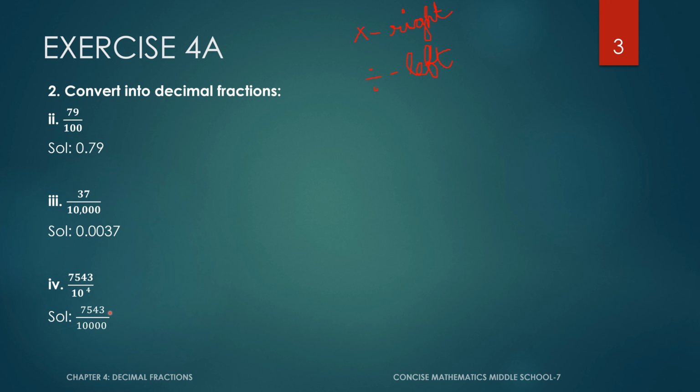So from here I am going to start moving it. 1, 2, 3, 4. Yes. So the pointer will be at my laser pointer over here. Right? So the answer will be 0.7543. I hope it's clear.